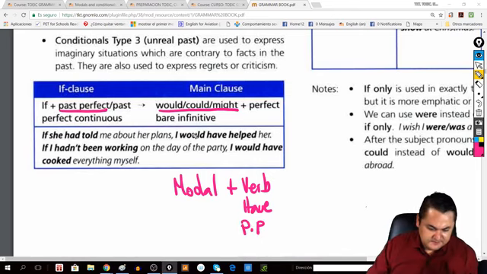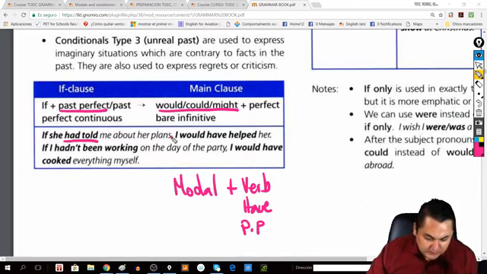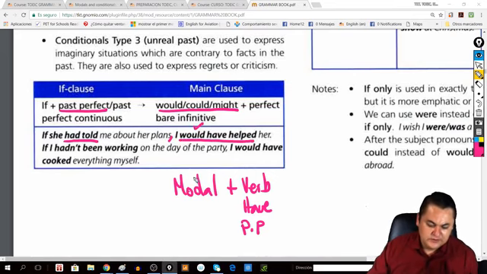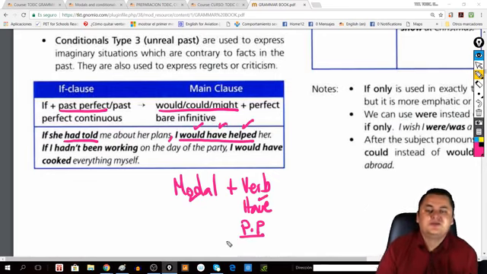For instance, if she had told me, that is the past perfect. And then we have a comma. And then we have would have helped. Would is the modal. Have is the verb to have, as we said. And helped is a verb in past participle.